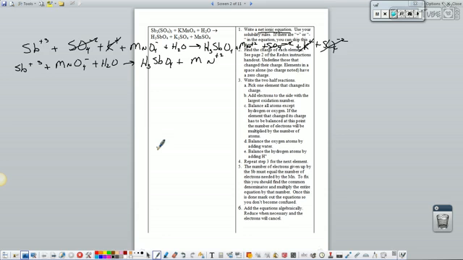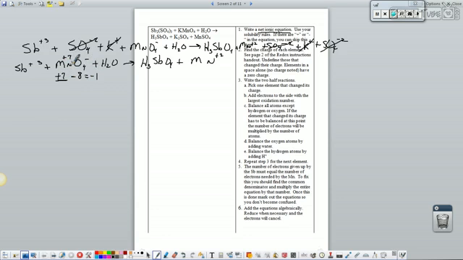Well, Sb is a plus 3, we can see that. MnO4, I know that oxygen's a minus 2, but I don't know what the Mn is. So oxygen being a minus 2, and there are 4 of them, that gives me a minus 8, and I set it equal to the charge, which is minus 1. So what do I add to minus 8 to get a minus 1? Well, a plus 7.